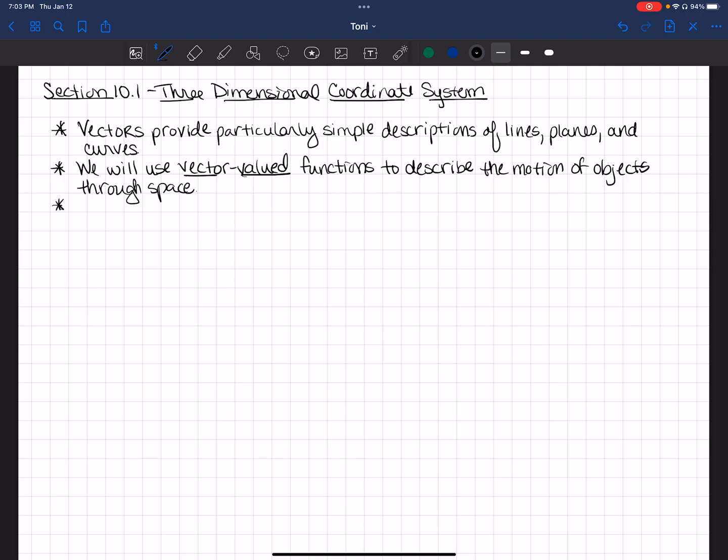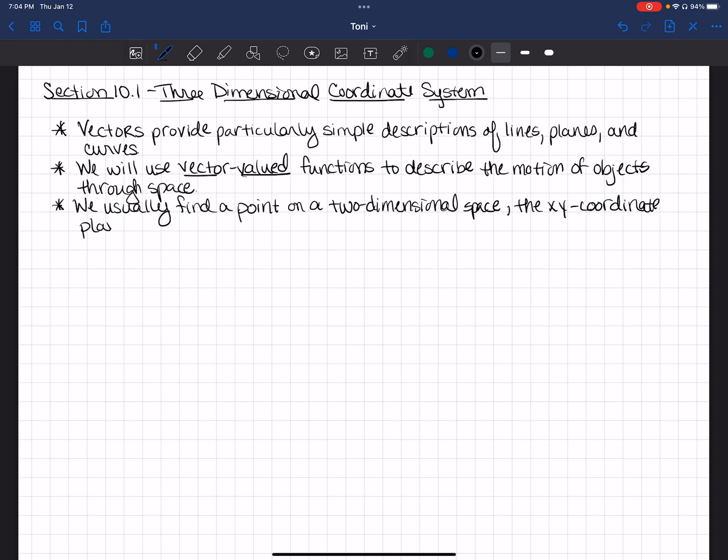We usually find a point on a two-dimensional space, the XY coordinate plane, and we label that point XY, and sometimes we label it AB. Okay, so just some generic number.